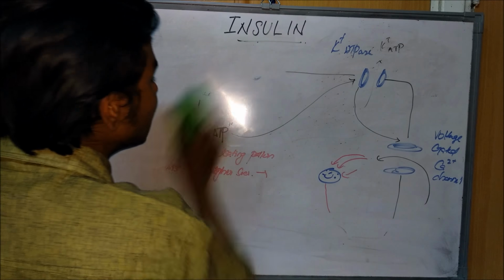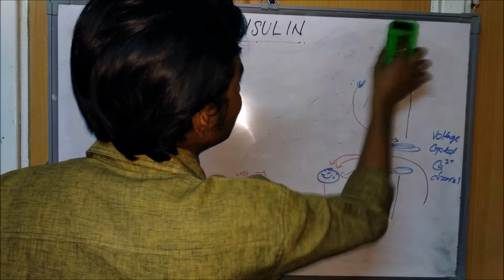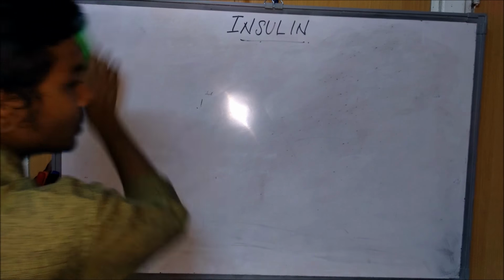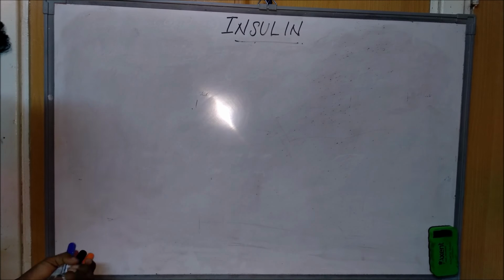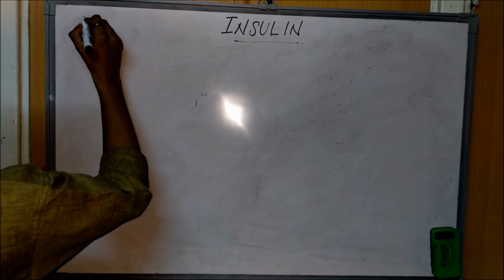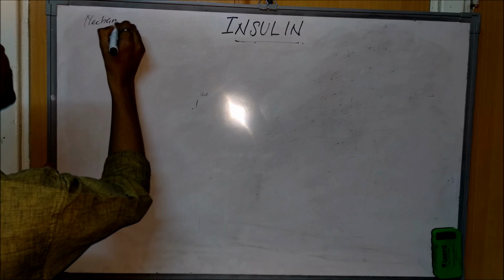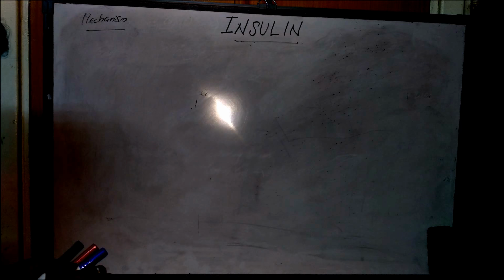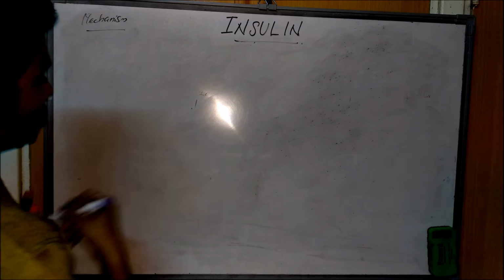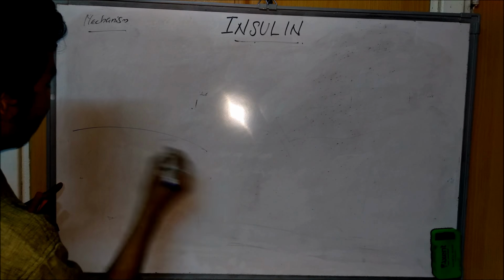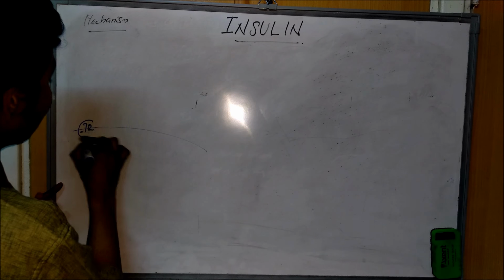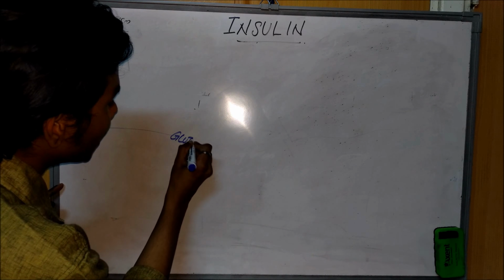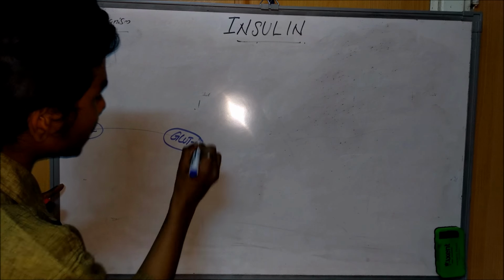So now we'll see the mechanism of insulin. In a tissue surface, there will be insulin receptors, and then there will be a GLUT4 channel.